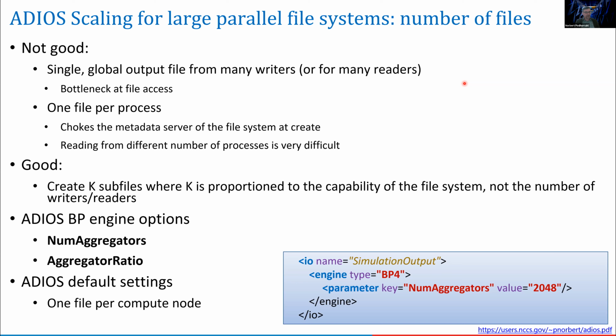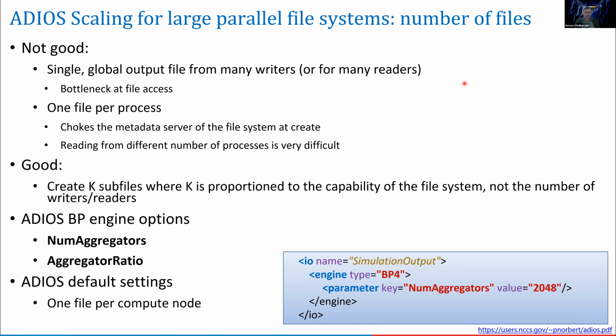What is necessary is to pick a number of files which is proportional to the file system capability. It's independent from the number of writers. In case of ADIOS, you can't have more files than writers. So if you have few writers, then you won't get big performance.